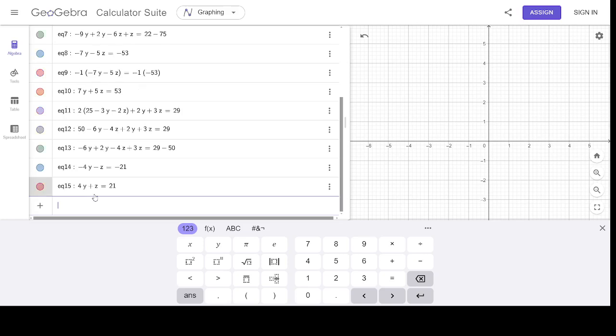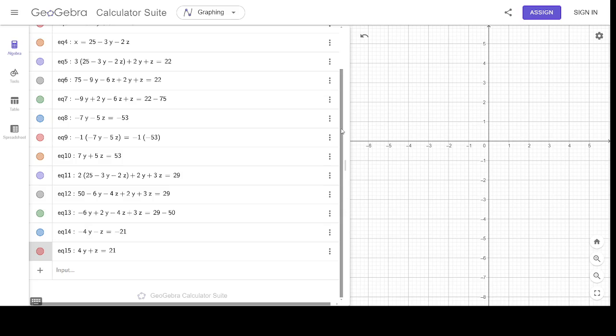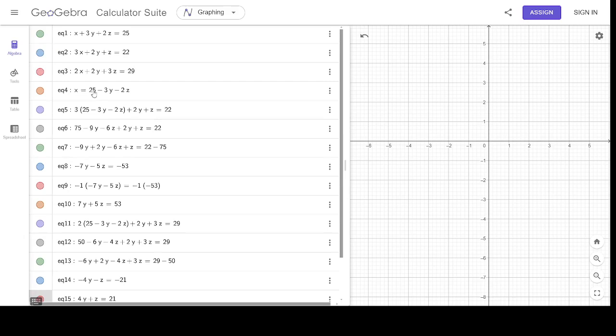Now you'll realize that equation 15 and equation 10 have two unknown variables, y and z. So what we need to do now is to solve the two to find the value of y and the value of z. Then we will go back to the expression for x, to find the value of x. Alright, so let's go.